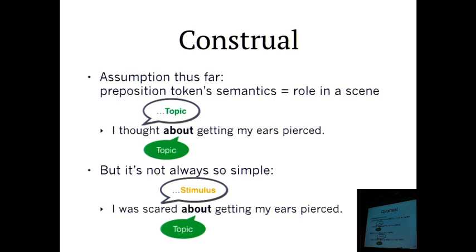So there's some way in which a topic can be compatible with conveying a stimulus, the thing you're scared about, or the thing that is scaring you. They're basically the same thing, underlyingly. But there is some different nuance of meaning. There's a different perspective, maybe, that is suggested by the preposition.